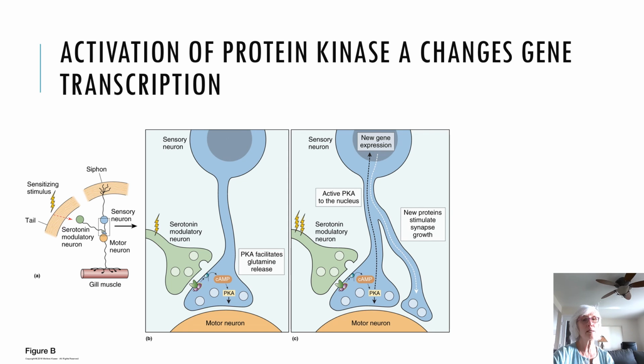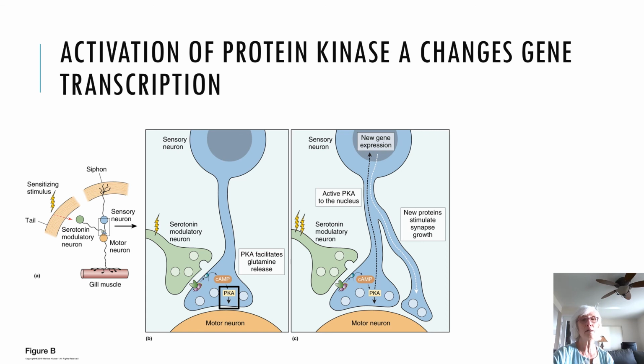And just looking specifically at the diagram, so when stimulated, protein kinase A, a different protein kinase than the ones that we've been talking about, but a protein kinase nonetheless, is going to be activated as a result of stimulating this gill response.